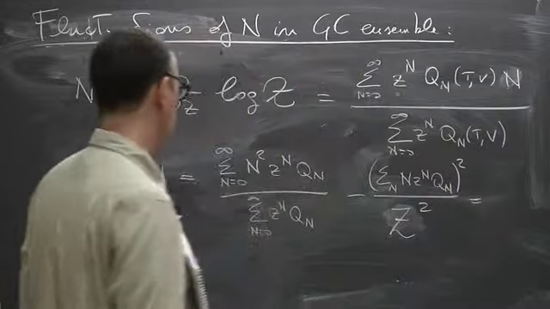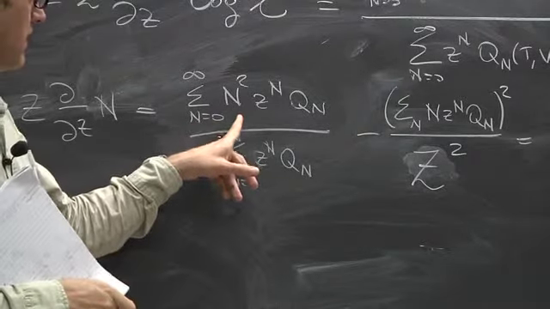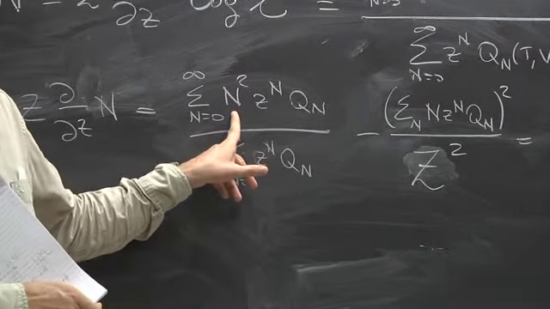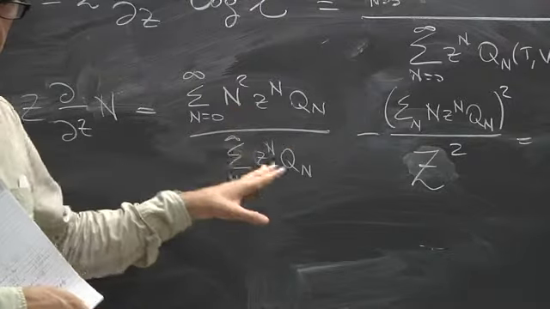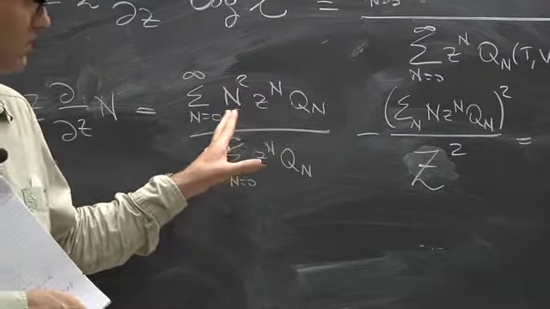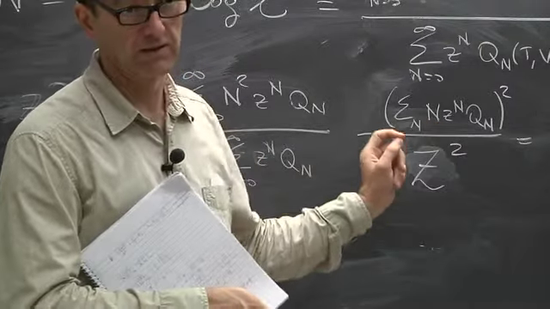Okay, and now you look at this expression, and you see this is the expected value of n squared over the grand canonical ensemble, and this is the expected value of n squared.